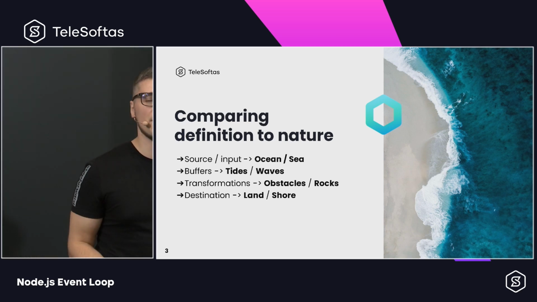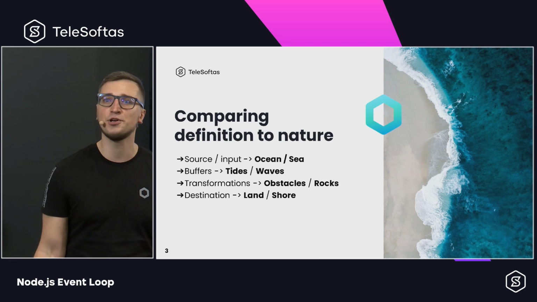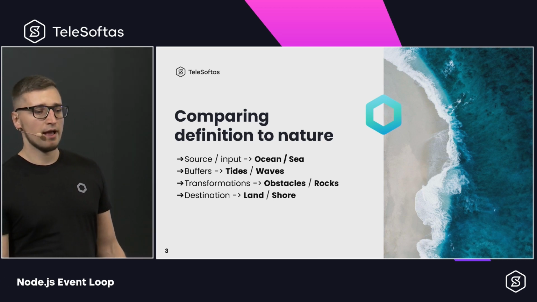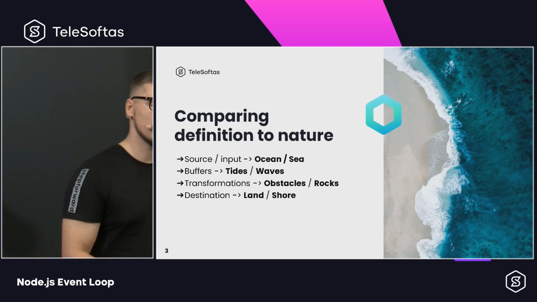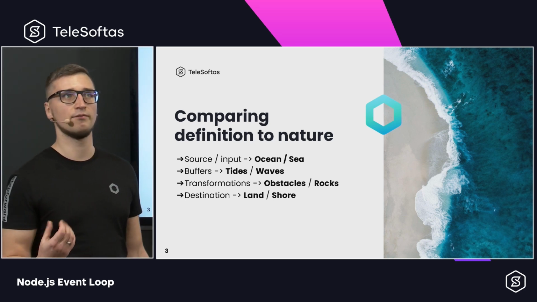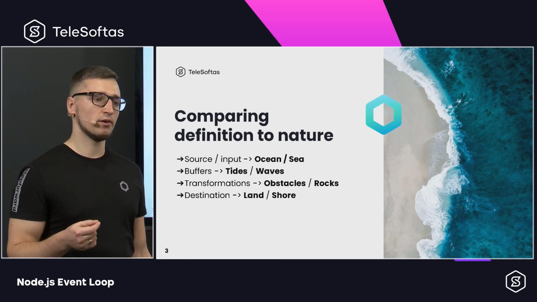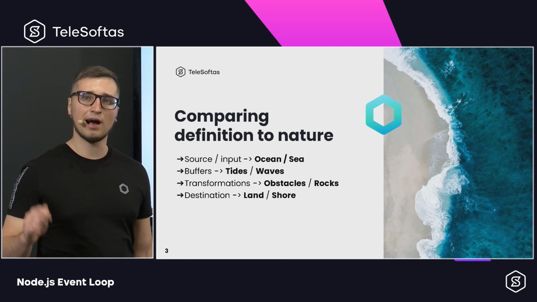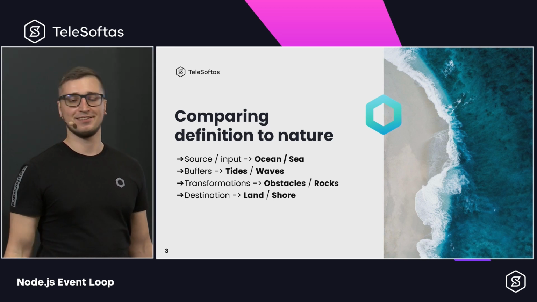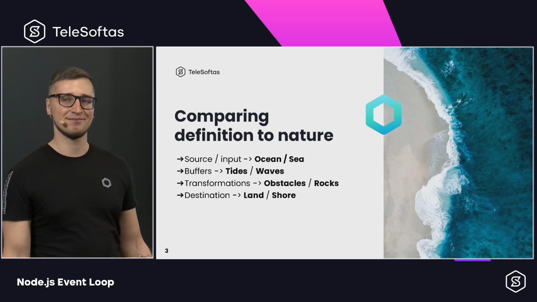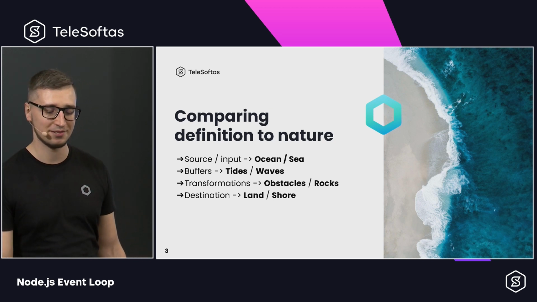Those transformations can be rocks, pressure differences inside the ocean, or other things. And once the wave or tide reaches the coast, it looks different from how it began. Once it hits the land, it's a totally different piece of information in comparison with the start.